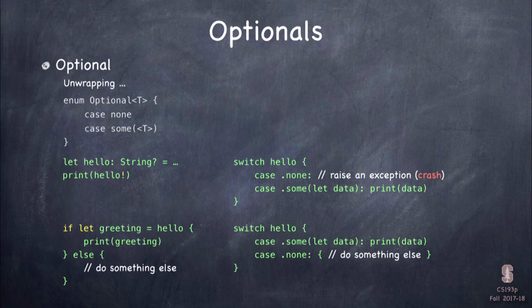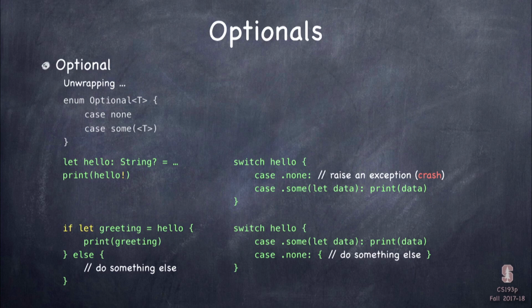Unwrapping, also very simple. That's just switching on the thing. So if I have an optional String hello and I say print hello exclamation point to unwrap it, I'm just switching on hello. And if it's in the none case, I crash. And if it's in the some case, then I print whatever the associated data is. Same thing down with if let at the bottom there. Okay, I'm switching on hello. If it's in the some case, I do it.